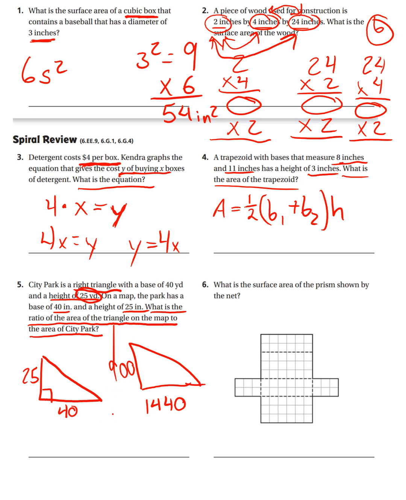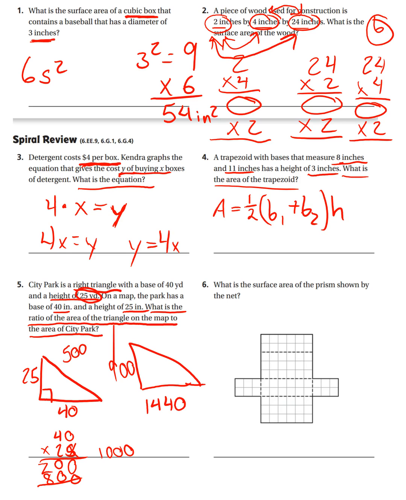Let's find the area of each now. So the area of the model would be 40 times 25, which would be 1,000, and then times 0.5, or half of 1,000, would be 500.